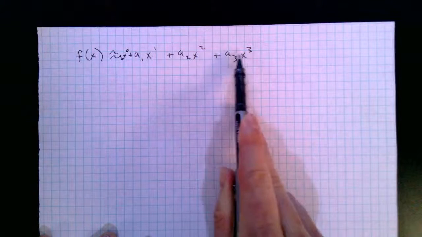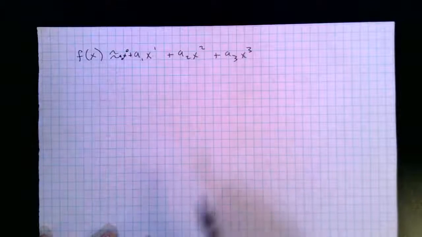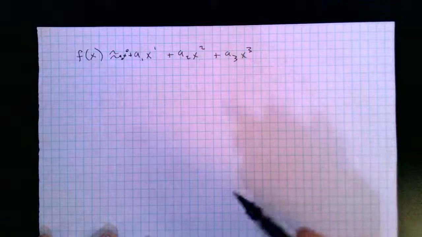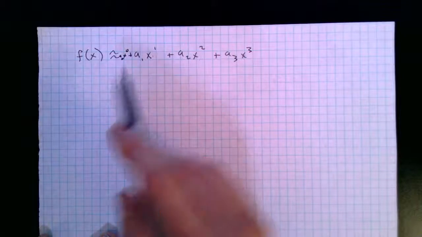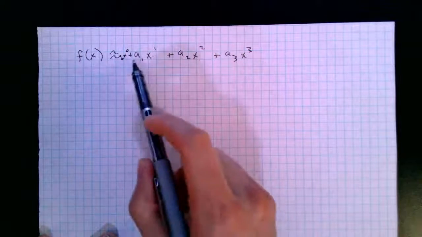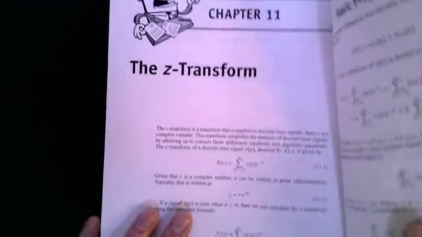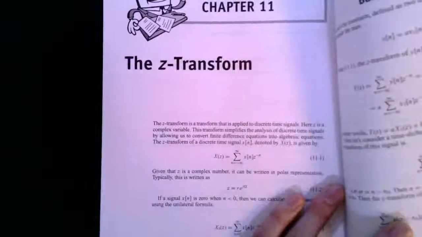If you can get the right coefficients, you can essentially approximate any function. That's the power. I was thinking maybe you could do this a different way, other than using the Taylor series and derivatives. What I found was the Z transform, and that's where this comes in.